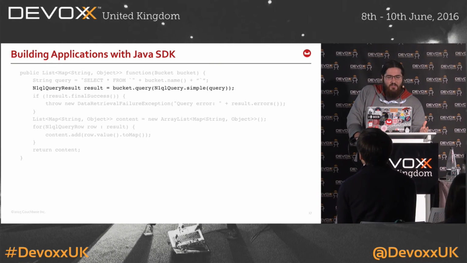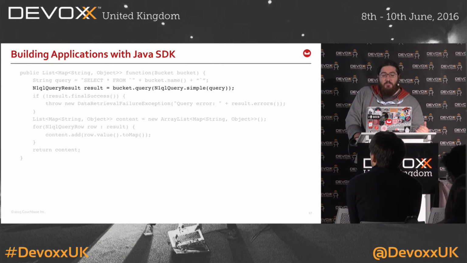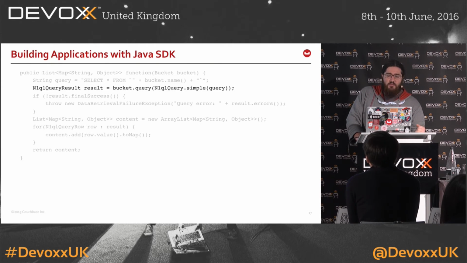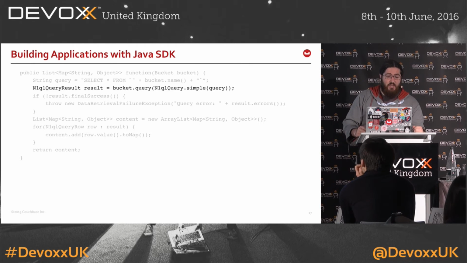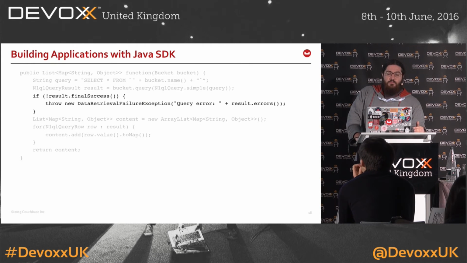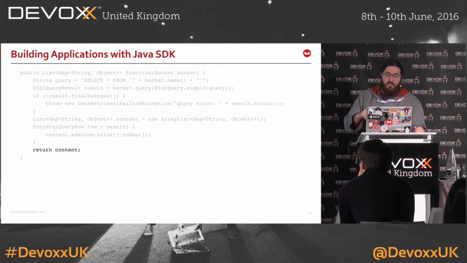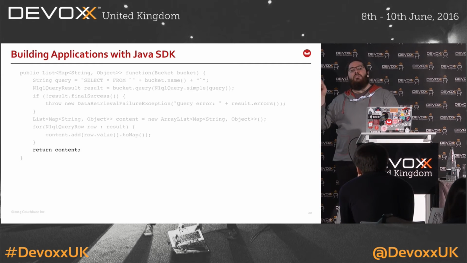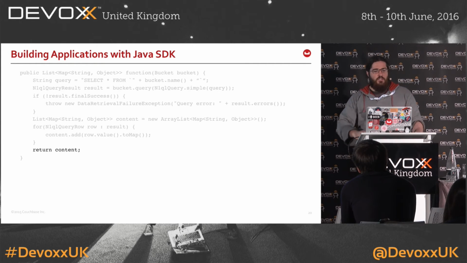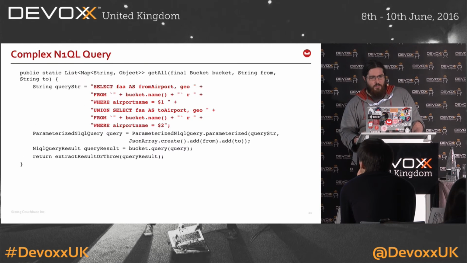I'm building a query using the simple factory method, which basically takes a string, gives me a query, and I run that query. Did it succeed? Yes. Wonderful. No. Exception. If it succeeded, get all the rows, create a list, and return all the rows. That's the synchronous blocking way of doing things. And because we use RxJava, there is another way, and I will show that to you in a minute.